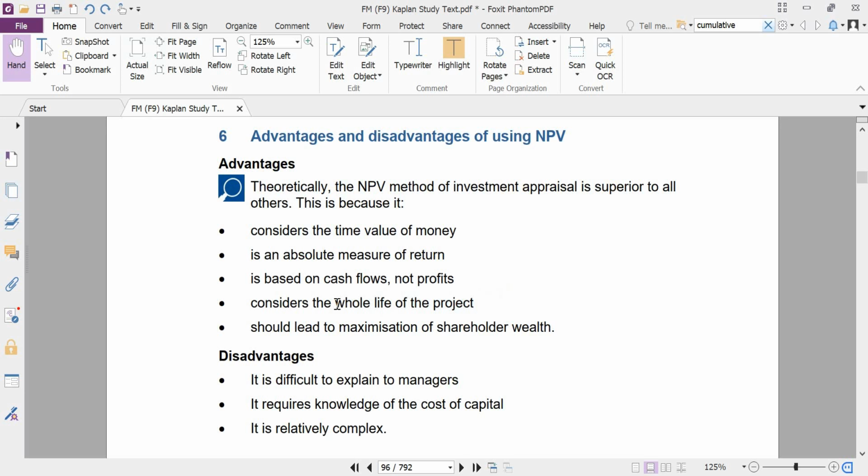But in the case of NPV, it considers the whole life of the project.